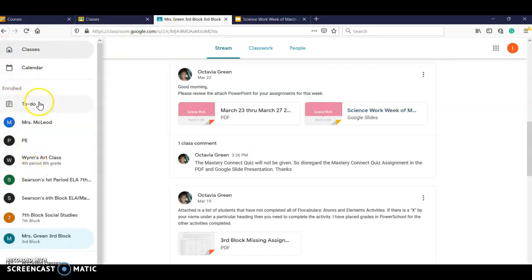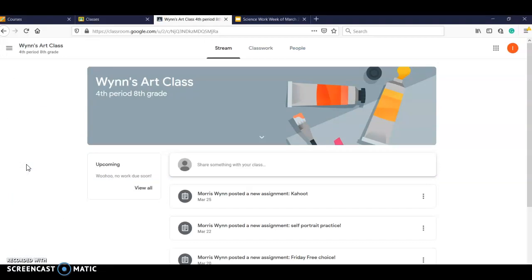And you can see all of the classes here for everybody, even his art class, which today he had a Kahoot assignment posted, and it was a very neat game where Ian could answer questions that the teacher had posted. I think there was about 20 of them.